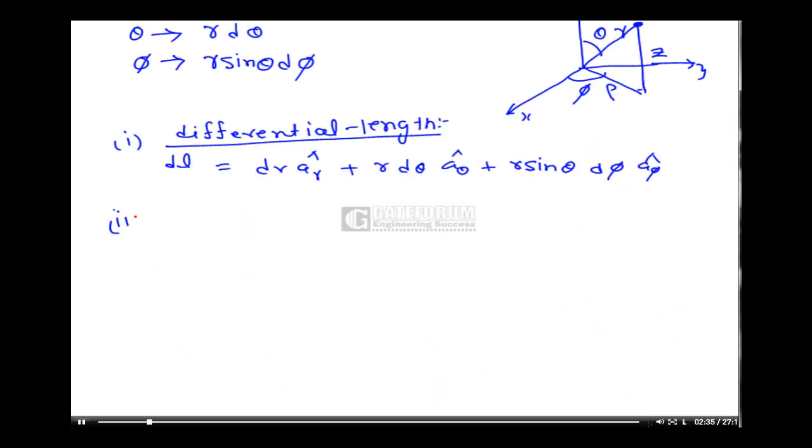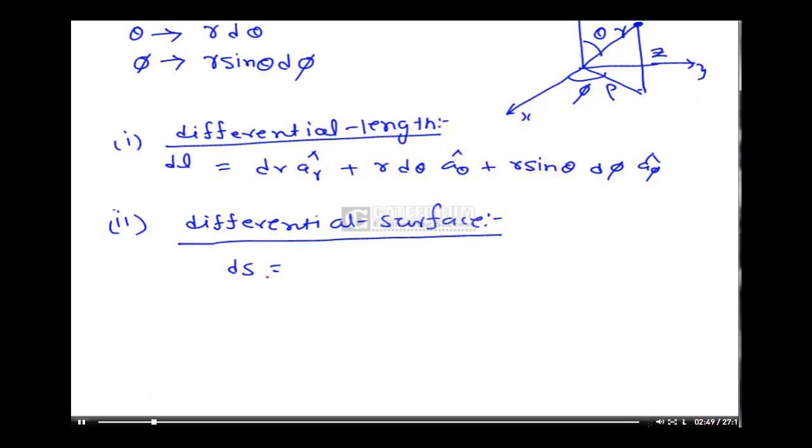Next one is surface element, differential surface ds. So ds equal to multiplication of two. That is r dr d theta, in the normal direction a phi.